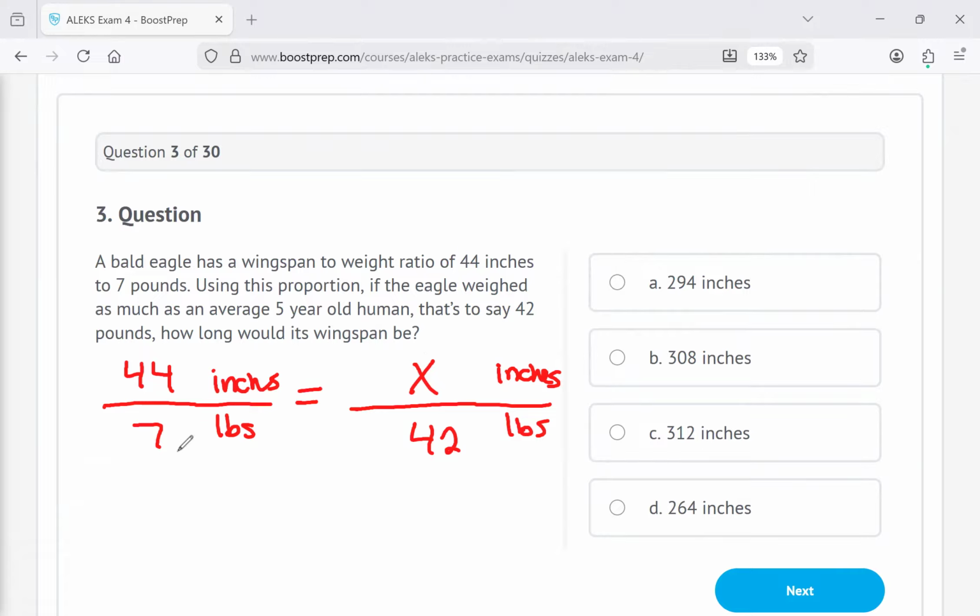So I'm going to solve for x by cross multiplying, so it's going to be 7x equals 44 times 42. And I get 1848.